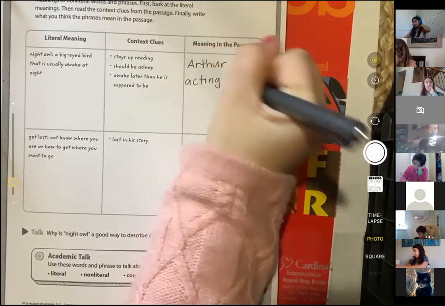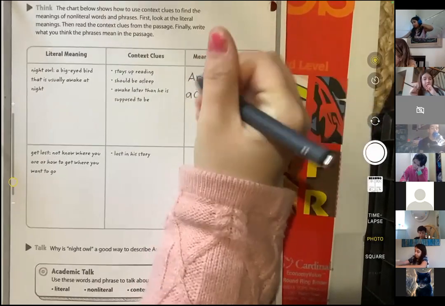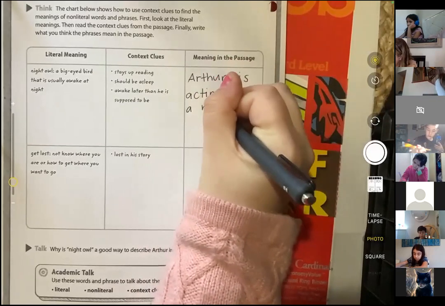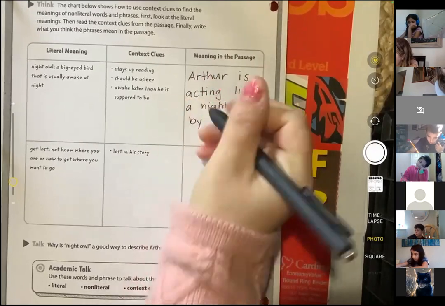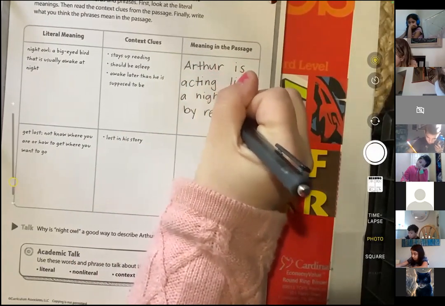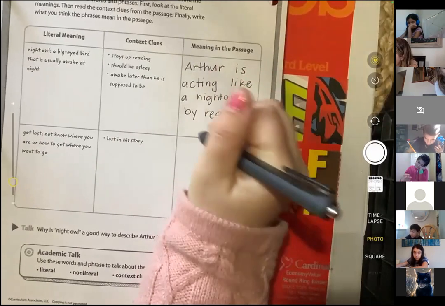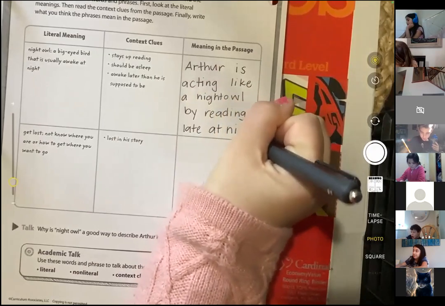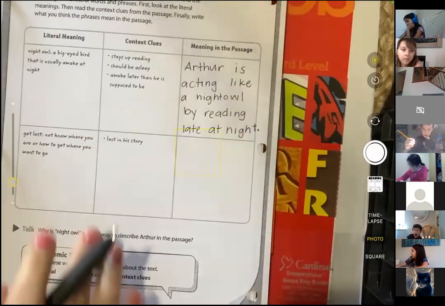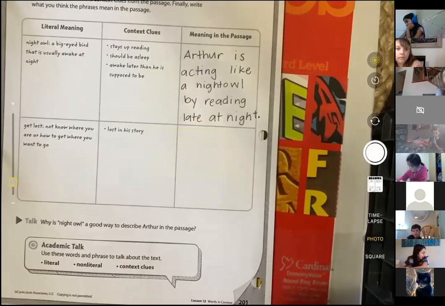Arthur is acting like a night owl by reading late at night. So he's not literally a night owl. He's just acting like one. So it's the non-literal meaning.